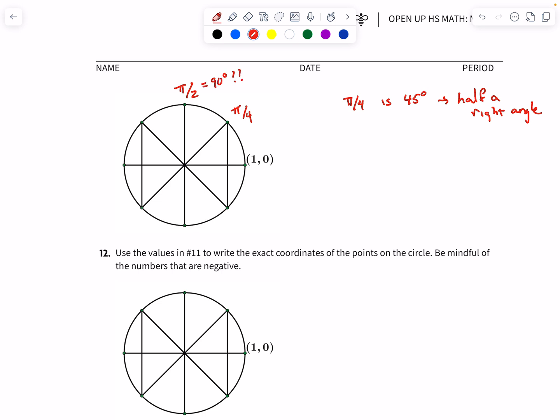Pi/2 is a right angle. 4 pi/4 is just pi, which is halfway around. If we go backwards, we have negative pi over 4.